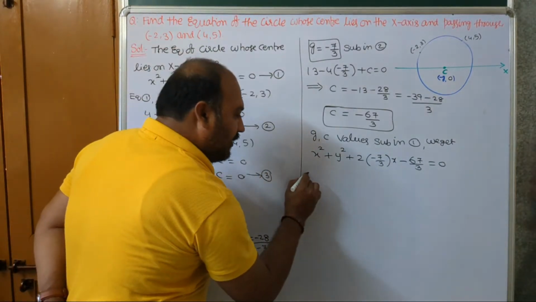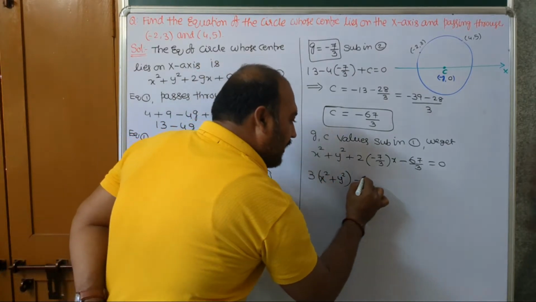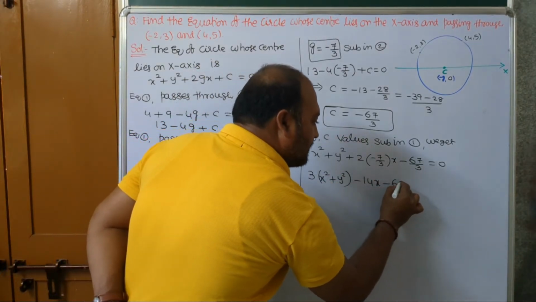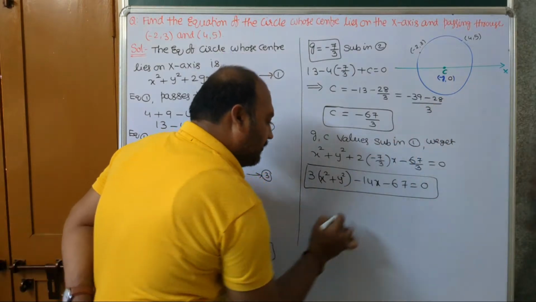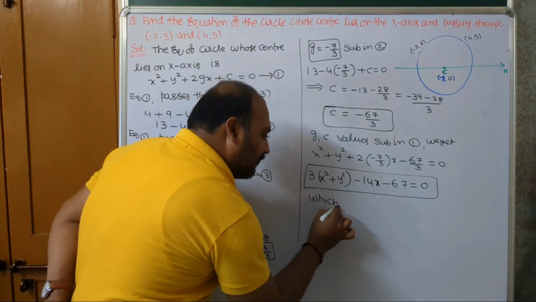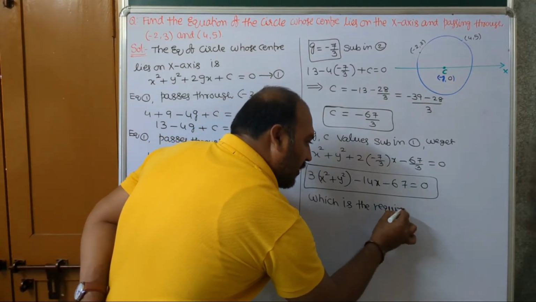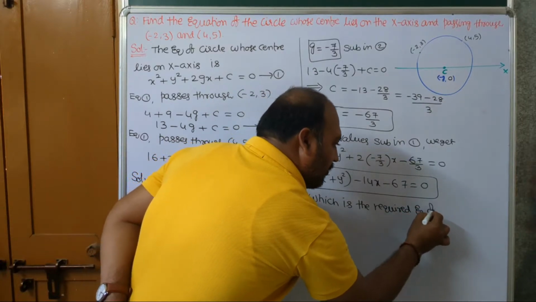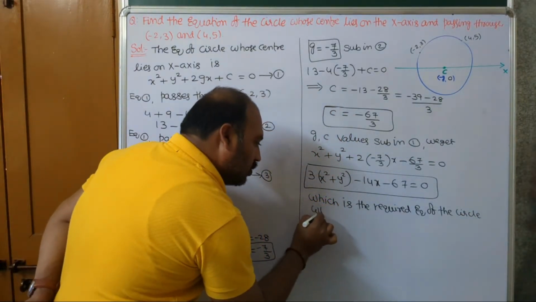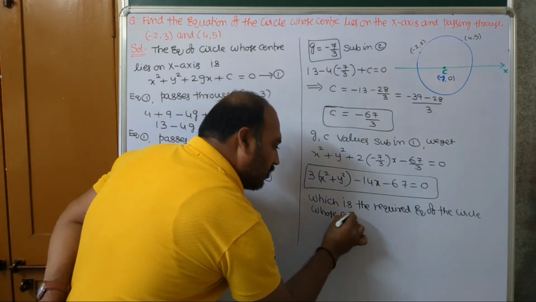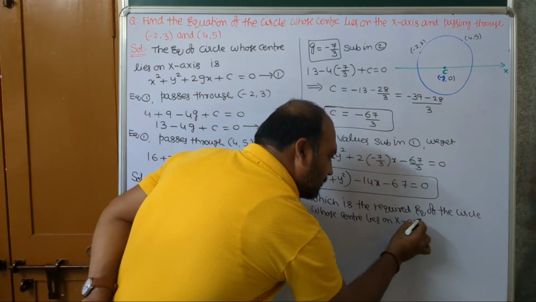So take LCM: 3x square plus 3y square minus 14x minus 67 equal to 0. The denominator 3 we are bringing that side. Which is the required equation of the circle whose center lies on the x-axis.